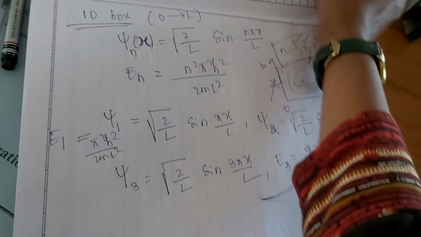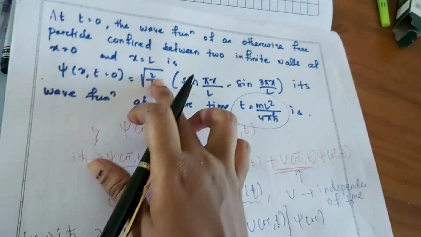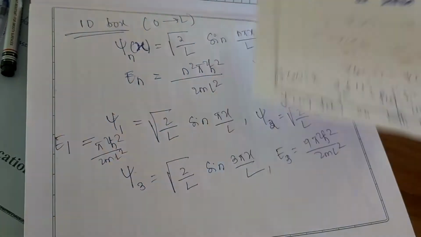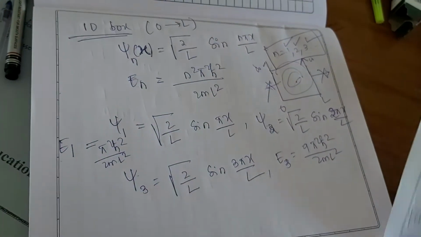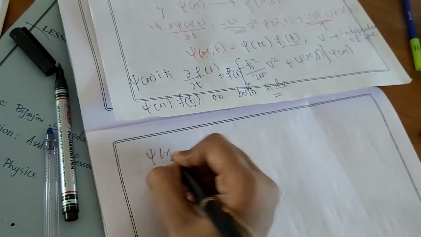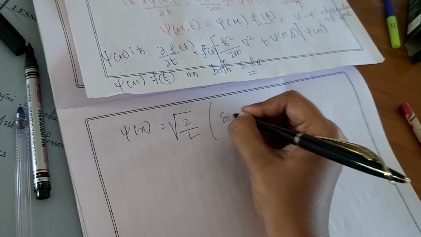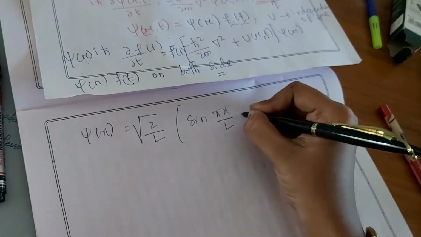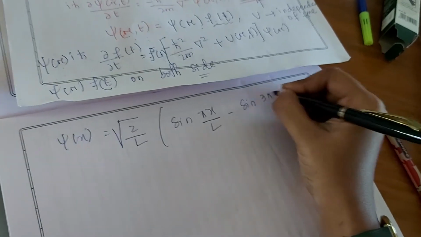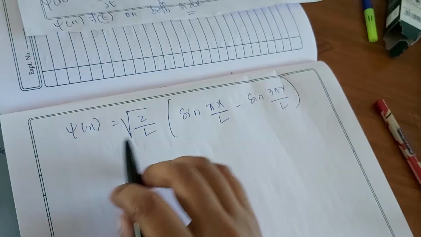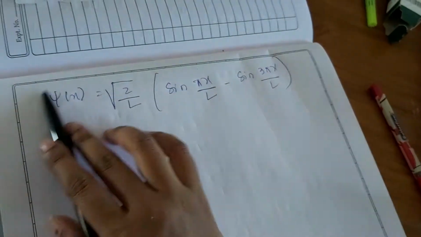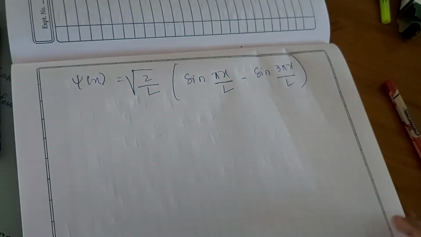Okay, so now coming to the question, I have to arrange this according to the ground state, first excited state, and so on. The question says psi(x) is equal to under root 2 by L times sine pi x by L minus sine 3 pi x by L. This is the wave function of the free particle at time t equal to 0.